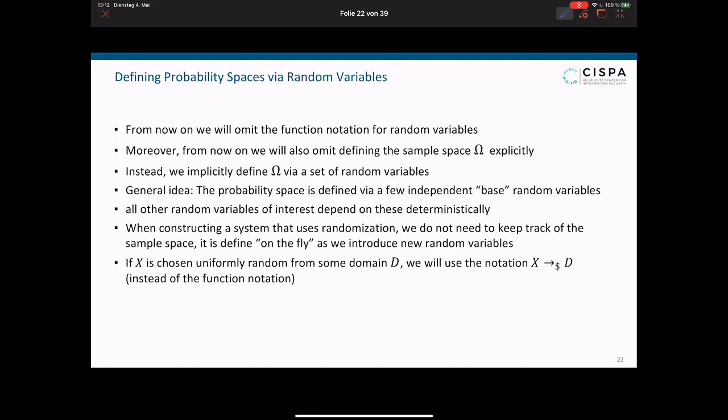Okay, and here's some important notation. The arrow actually goes the wrong side, I don't know how that happens.